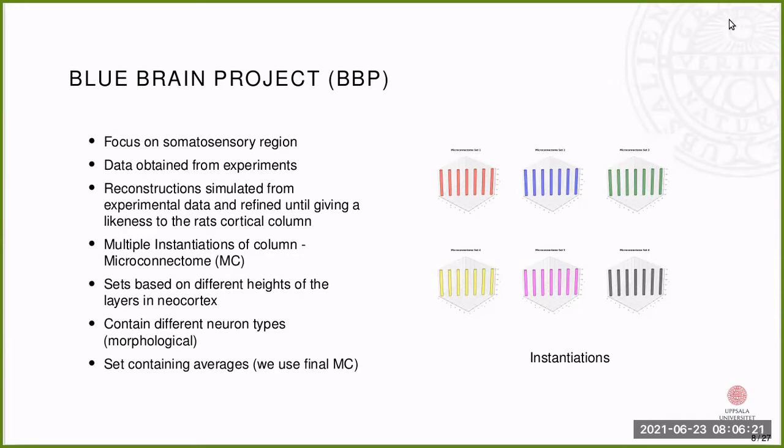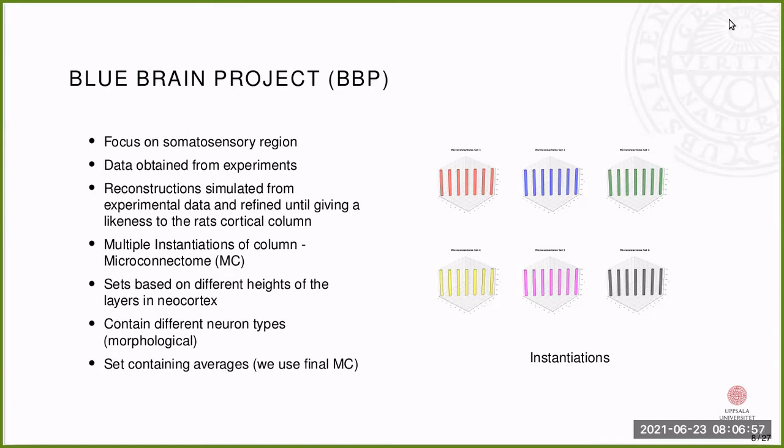On the right hand side, we see 6 sets here. The first 5 of these sets are based on varying heights of the layers in the neocortex. In particular, each set has different sets of morphological neuron types with different attributes. The final set, the one colored in black, is the set of average cortical columns or microconnectomes.